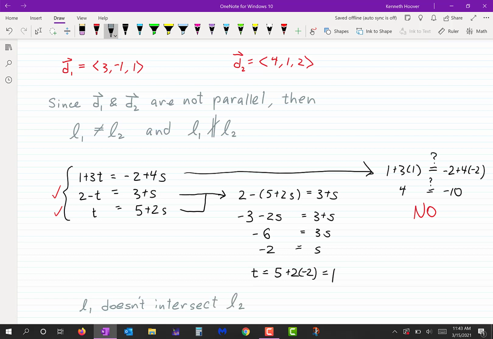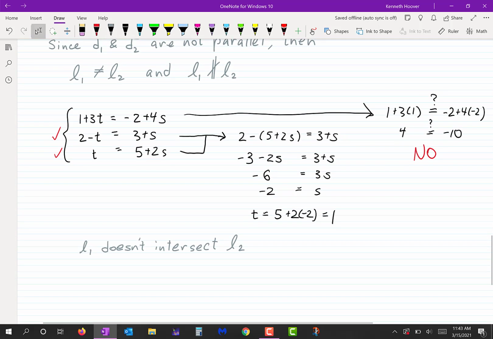So they're not the same line, they're not parallel, and they don't intersect. So then we can conclude that they must be skew. Okay? That's how you answer that question.